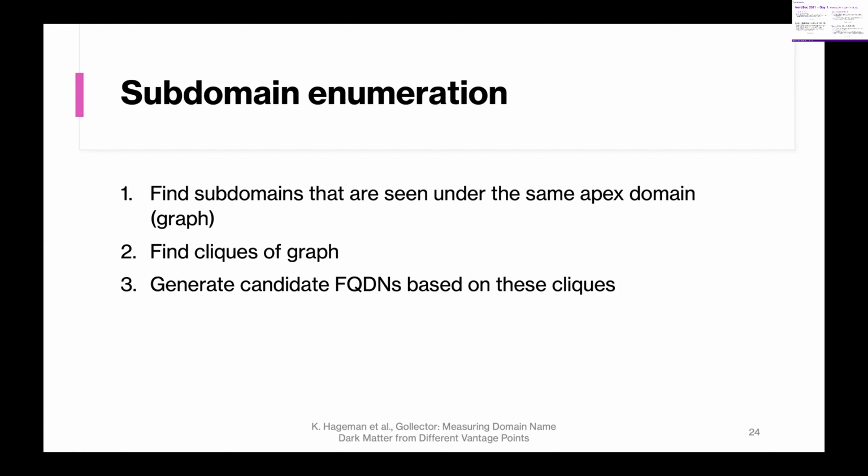Then we use these cliques to generate candidate domain names. We have a set of subdomains and a set of apex domains under which these subdomains have been seen, so if you take the Cartesian product between those two sets, you can find all candidate FQDNs. Some of these we have already seen, and we only look at the ones we haven't seen before.